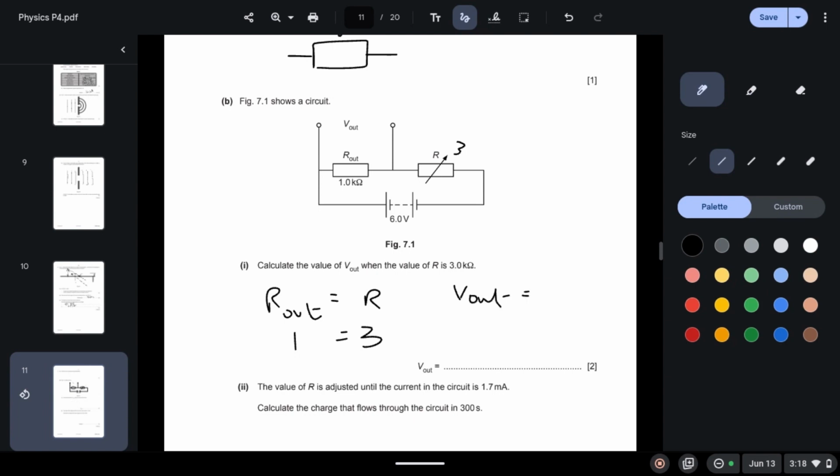So V out and V must also be 1:3. So if the total voltage is 6, if we divide it into this ratio 1:3, we will get 1.5 for V out and 4.5 for V. So the value of V out would be 1.5.